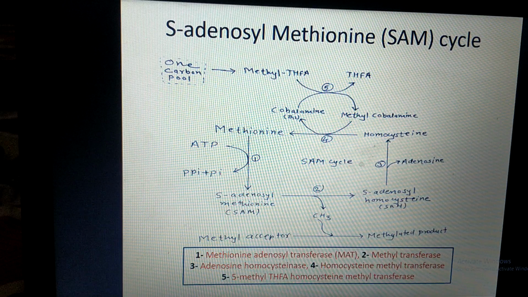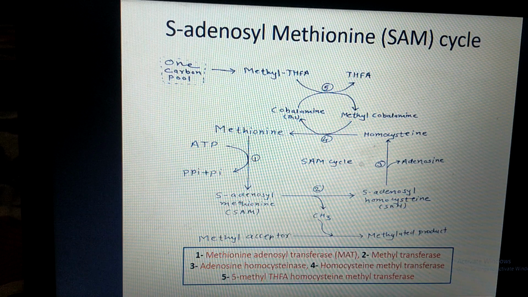The enzyme required for the first step, where methionine is converted to S-adenosyl methionine, is methionine adenosyl transferase. For the second step, the enzyme is methyl transferase, where S-adenosyl methionine donates a methyl group and gets converted into S-adenosyl homocysteine. For the third step, where the adenosyl group is removed from S-adenosyl homocysteine, or you can say S-adenosyl homocysteine is broken down into two compounds, homocysteine and adenosine, the enzyme is adenosyl homocysteinase.